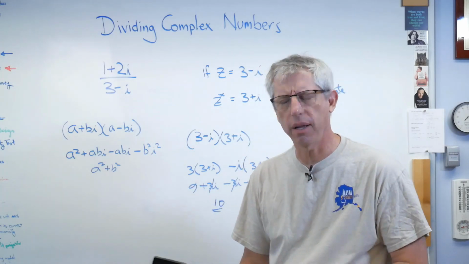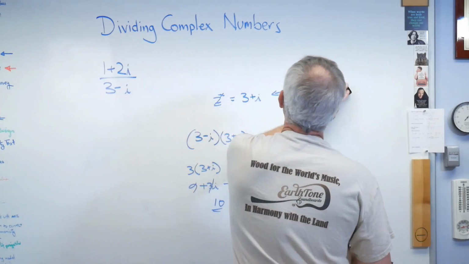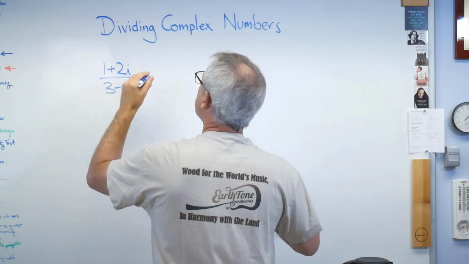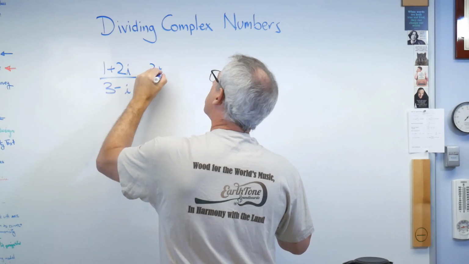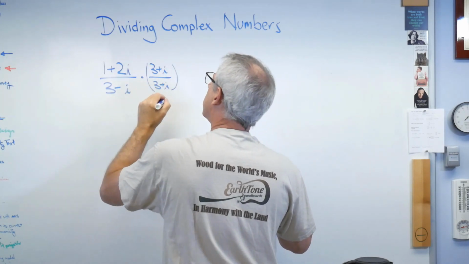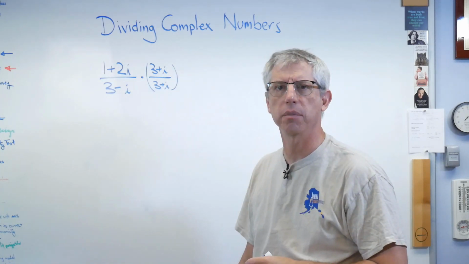So why am I telling you this? Well, here. If I multiply this by 3 plus i over 3 plus i, wait a minute, can I do that? You can't just arbitrarily multiply something, can you?